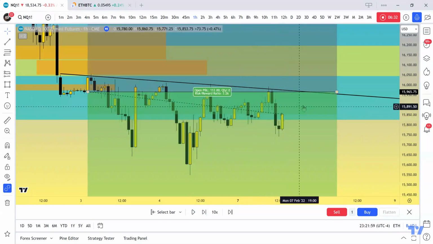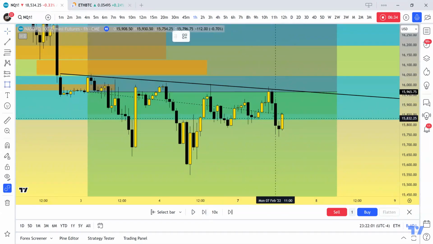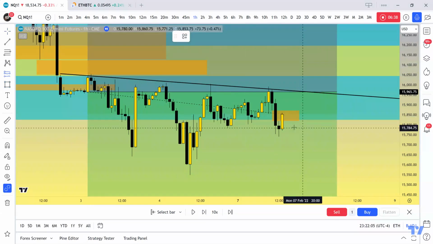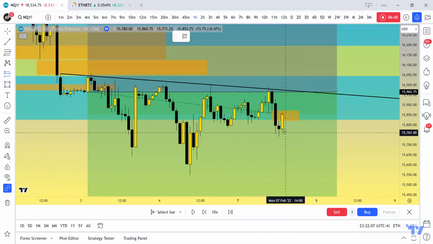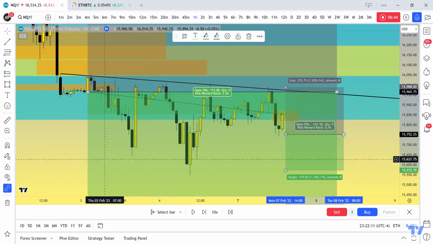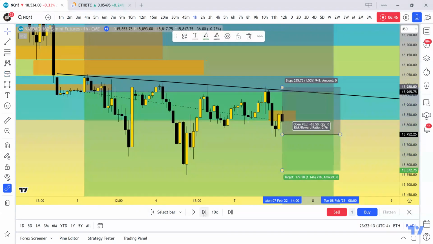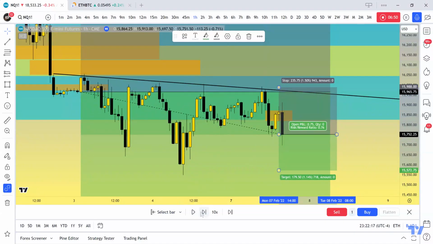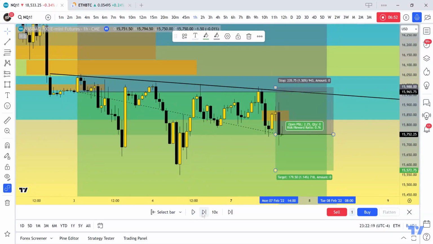Into this 1 hour gap. I like this. If we can break lower, I think I could put a trade in there. Let's say initial stop here.